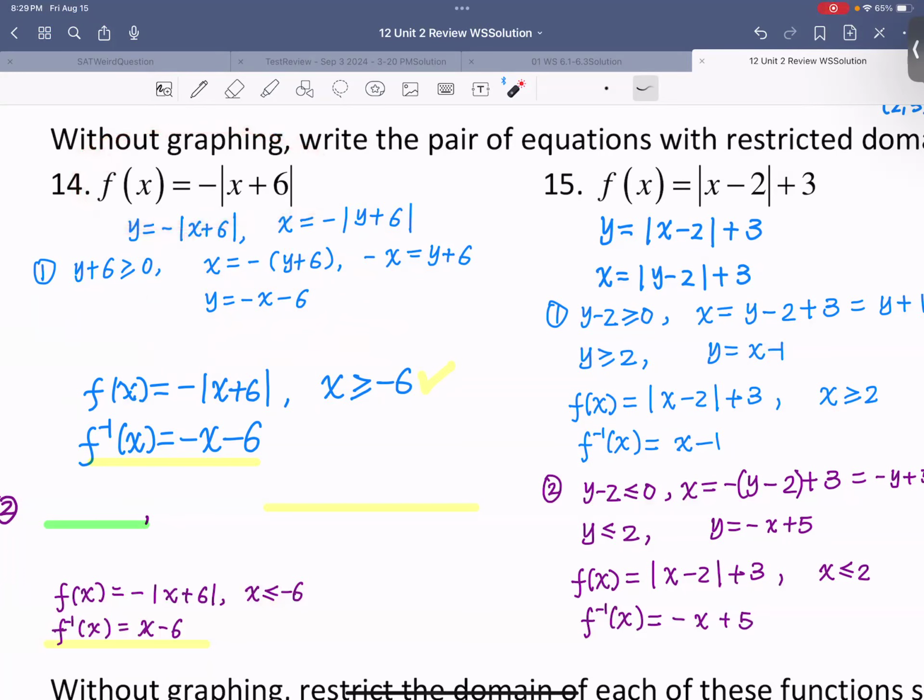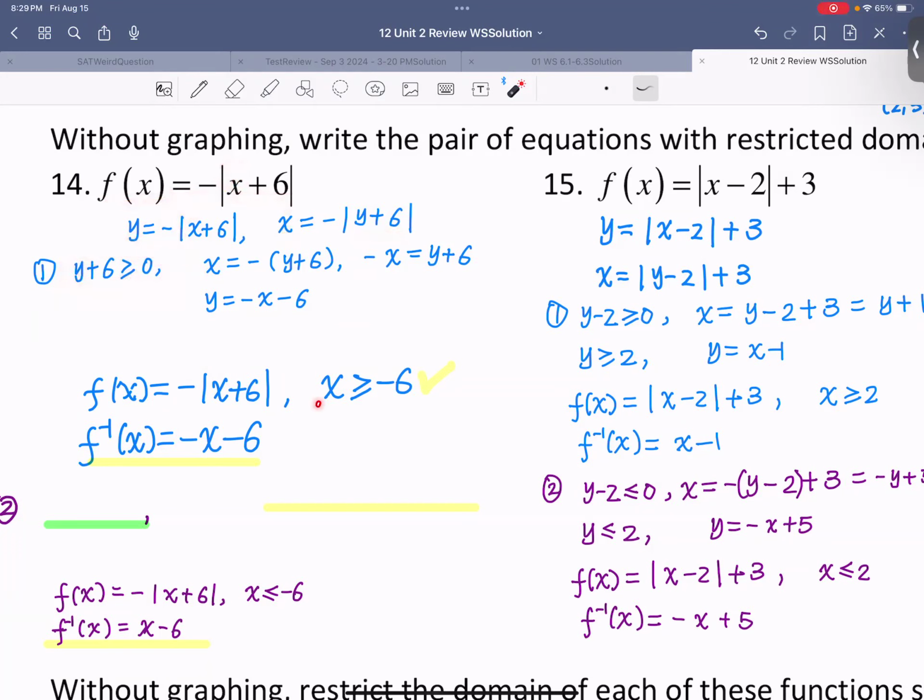When we solve the inverse, everybody pay attention, okay? This is a very confusing part. When you switch the y to x to solve your inverse, you make y plus 6 greater than or equal to 0. For the original function, this y is this function's x.